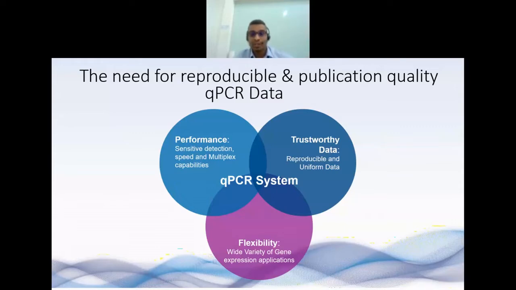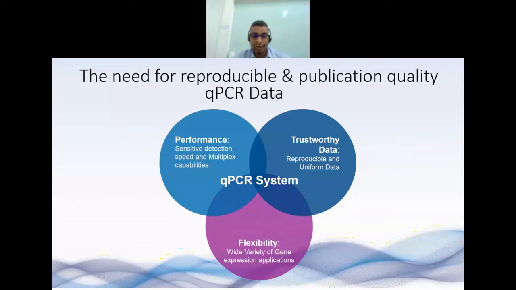Then you also want trustworthy data from your qPCR system. You want reproducible and uniform data. So, say for example, if you're running the same assay with the same set of samples at different time points, by right, you should be getting the same results. It should be reproducible. And finally, your qPCR system has to be flexible.